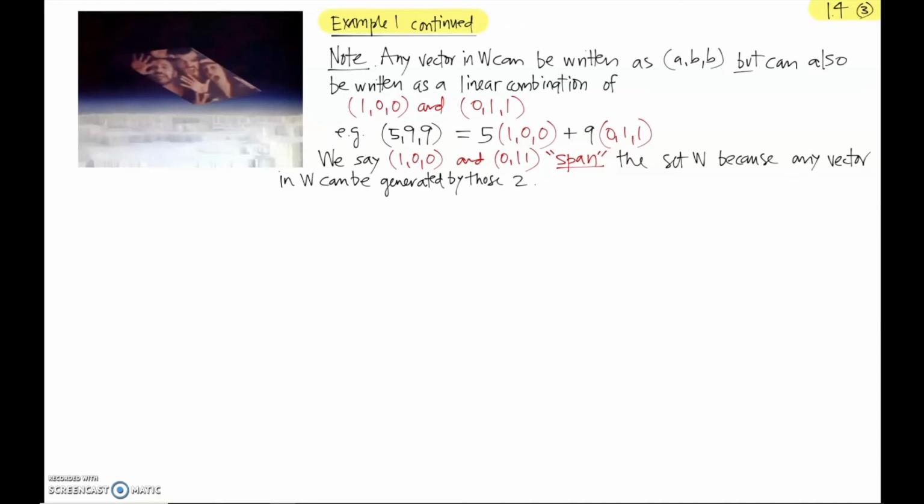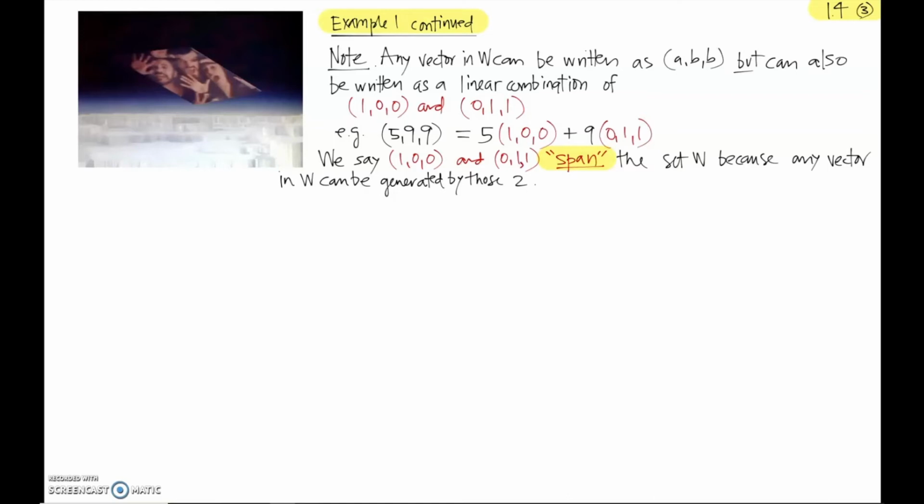This is one of our keywords for this section, this idea of spanning. This will come up again, but we've seen it for the first time here. Oh, and I definitely need to put a little teeny tiny comma there.